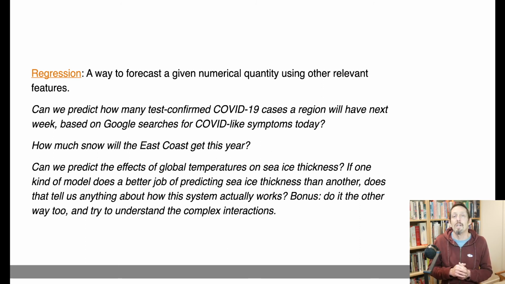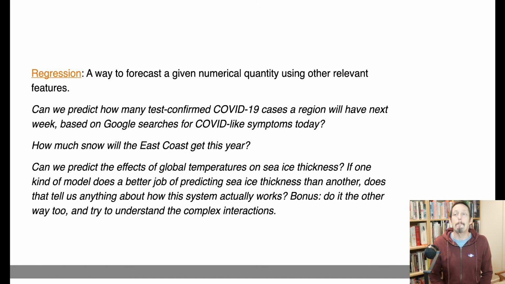It's not a small number, it's a real number, okay? Or we want to predict how thick the sea ice is going to be, which I'm going to get to in a second, okay? And that's a real number, and it can take on an infinite number of possibilities, not a small discrete set. So regression is for predicting real numbers, and classification is for predicting small numbers of counting numbers.